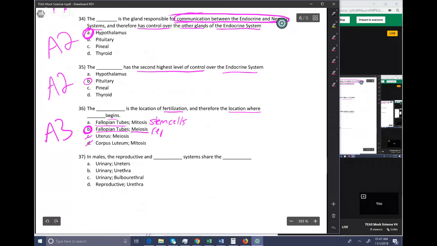Meiosis would be reproductive. The way I always remember meiosis is the one that's reproductive, is that reproductive is RE and meiosis is ME. And even further than that, fertilization is FE. So those words match up at the beginning. Mitosis would be stem cells. Stem has a T as its second letter as well.